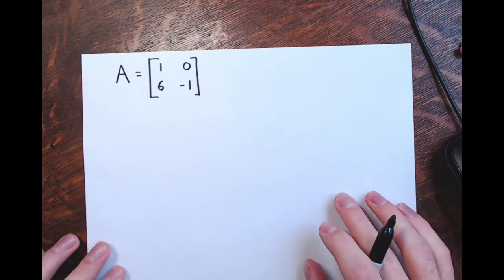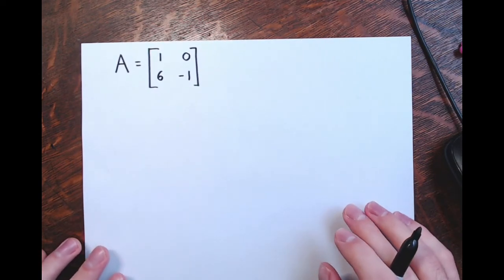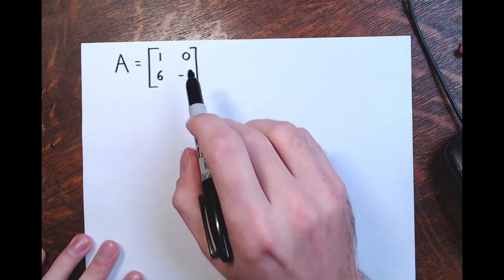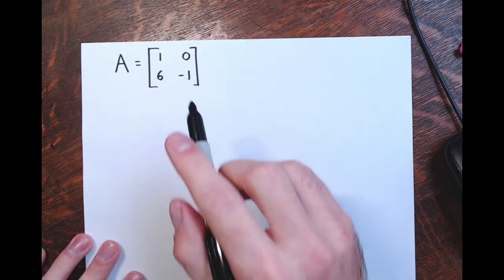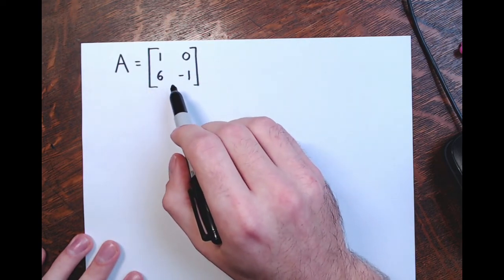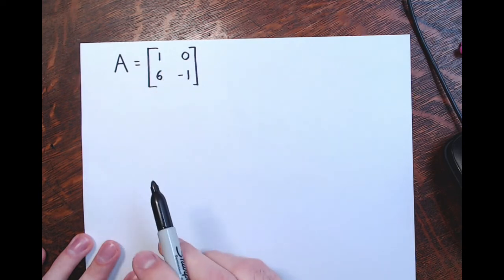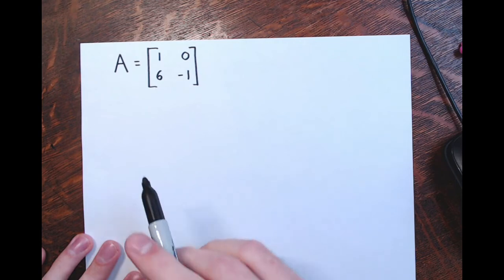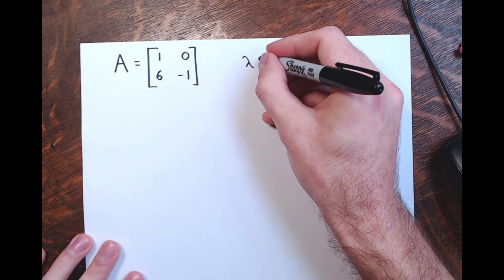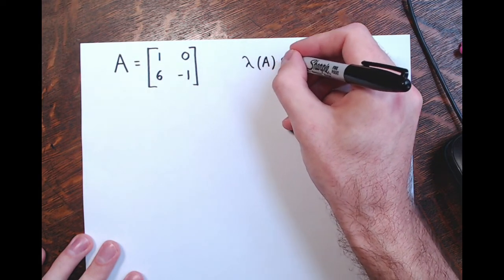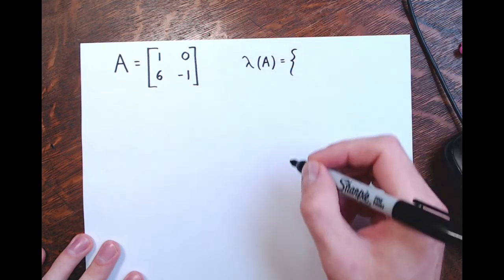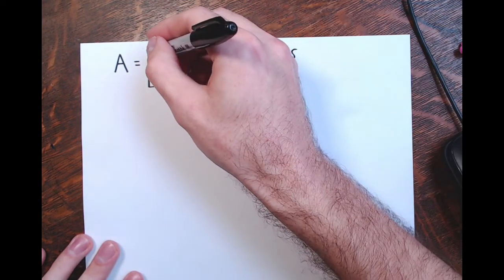So here's the next 2x2 matrix. I'm telling you right now, this is a lower triangular matrix. All the non-zero entries are on the diagonal or lower. So I can tell you the spectrum of A right now, the set of all the eigenvalues, without having to set up the characteristic equation.